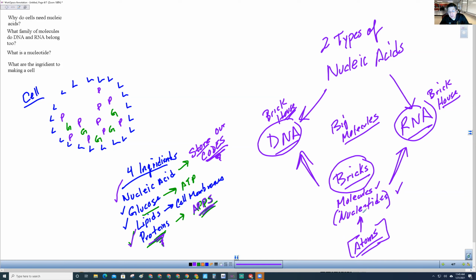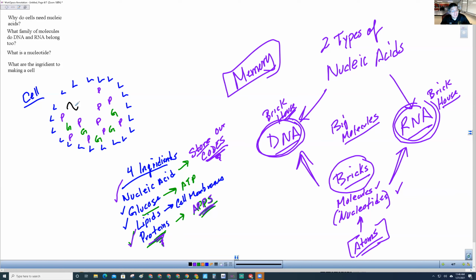And then somehow these molecules came together and formed these two huge molecules that literally act like memory molecules, because they store information for these living things called cells.